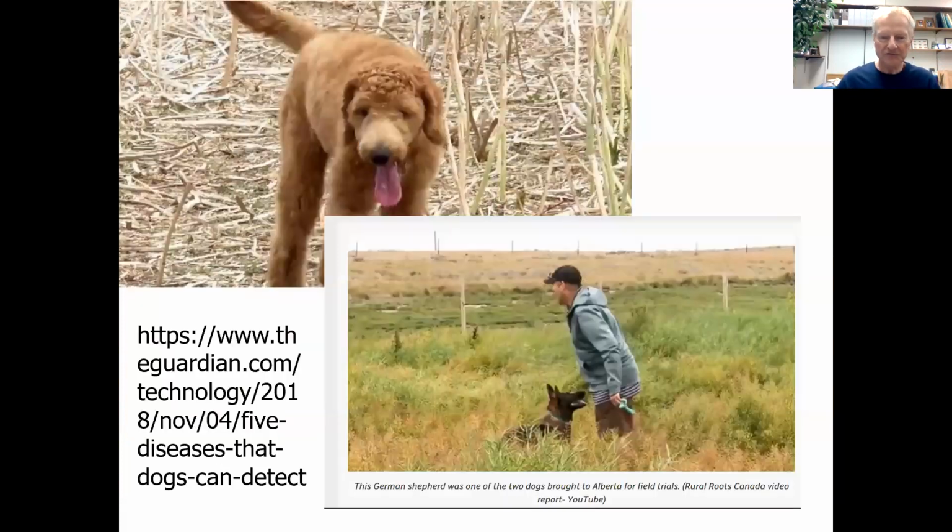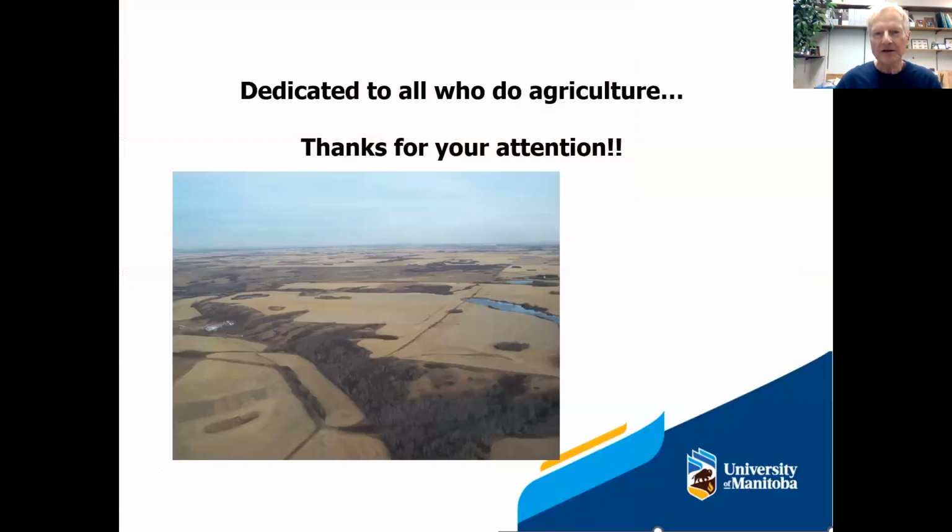And this is a story from one of the farm newspapers, where dogs are used to look at blackleg in canola. So this Netflix series is going to be a hit, and it's going to allow me to fund my whole research program.